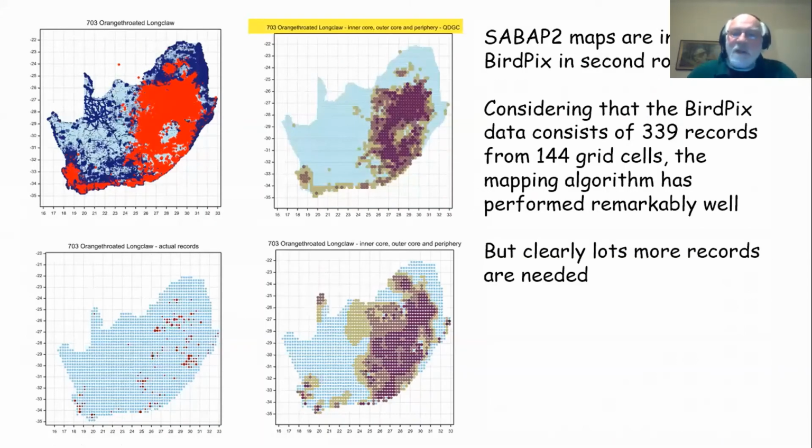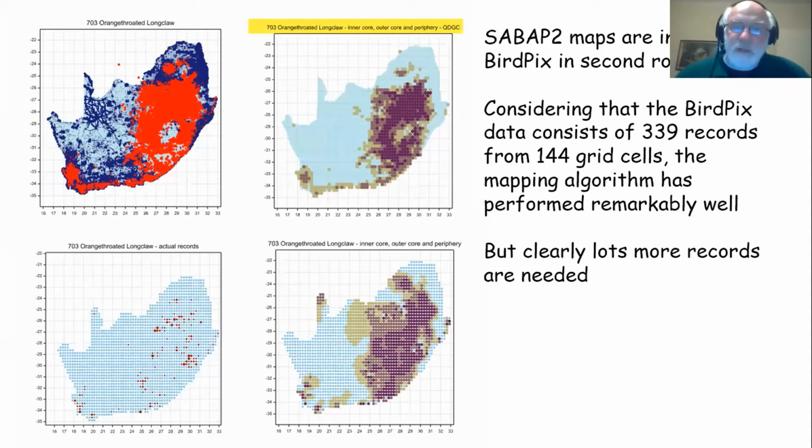So now you get the four maps. The top left is the raw Bird Atlas data. Top right is the BirdPix data. Is the smooth map from the SABAP2 data. Bottom left is the handful of records from the orange-throated longclaw, and the bottom right is the smooth map for the orange-throated longclaw, Cape longclaw.